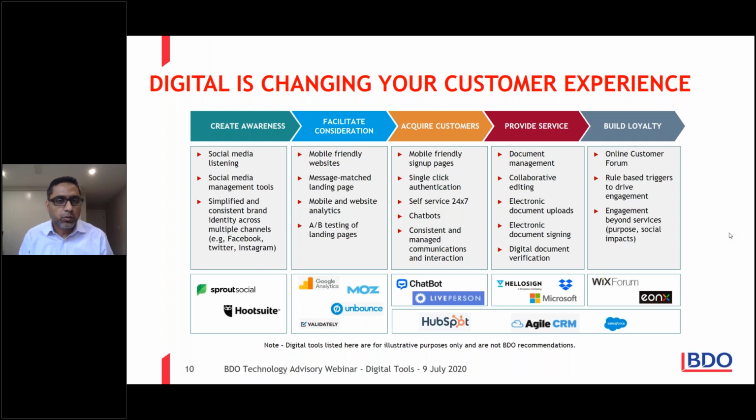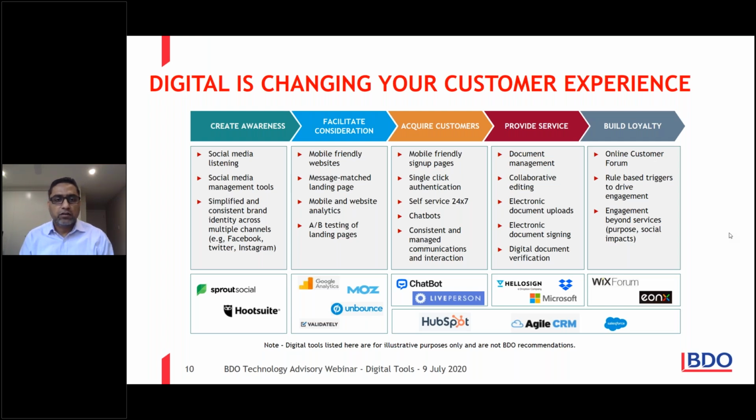All of those things become quite critical. So mobile-friendly websites, messages matched to landing pages, where it's not the generic thing that comes when you click on that link. It becomes a lot more targeted to what link is bringing them onto your page. That type of interaction improves the facilitation of your products and services.